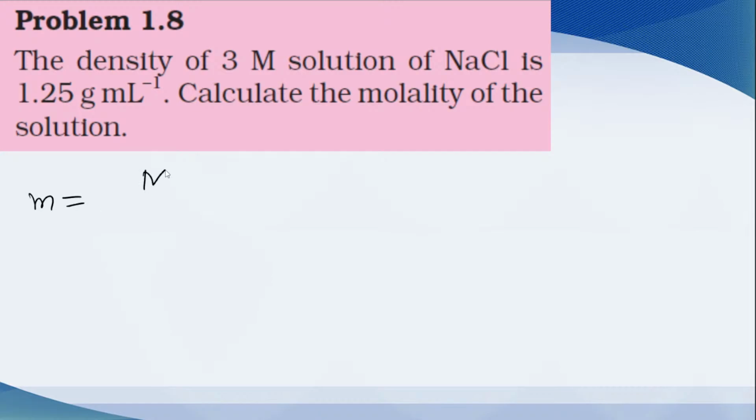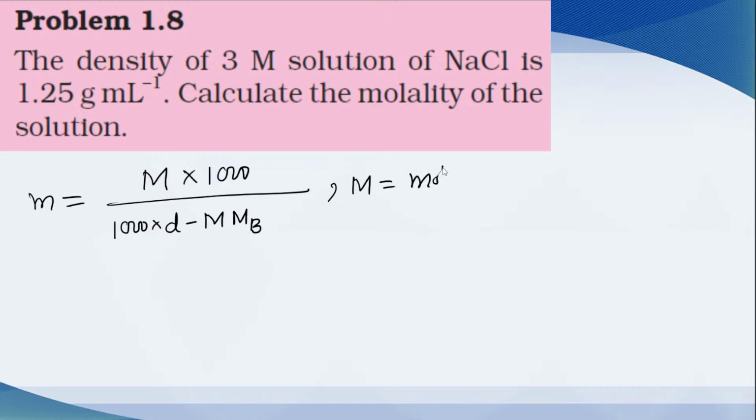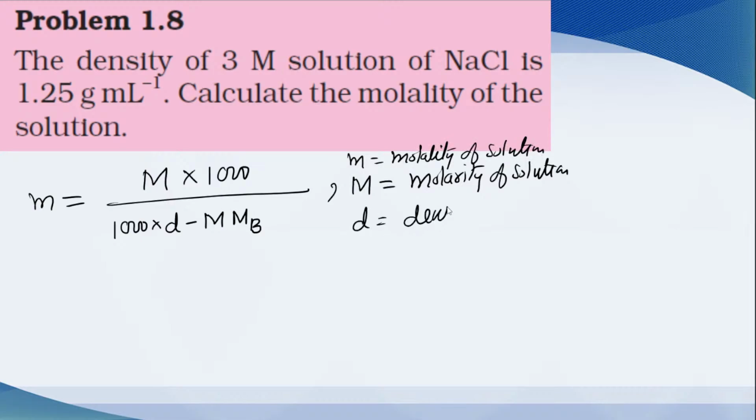Molality equals molarity into 1000 over (1000 into D minus M into MB), where capital M is the molarity of the solution, small m is the molality of the solution, D is the density of the solution, and MB is the molar mass of the solute.